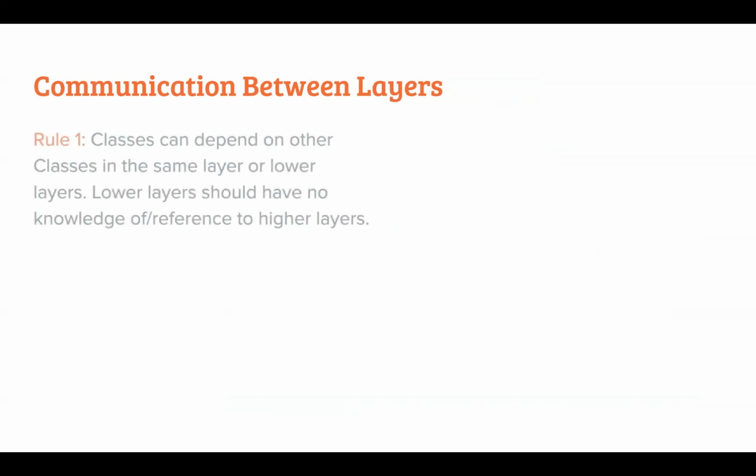Now, there are some rules governing communication between these layers. Let us understand them. Rule number 1. Classes can depend on classes in the same layer or lower layers. However, lower layers should have no knowledge of or reference to classes in higher layers. That's rule number 1.